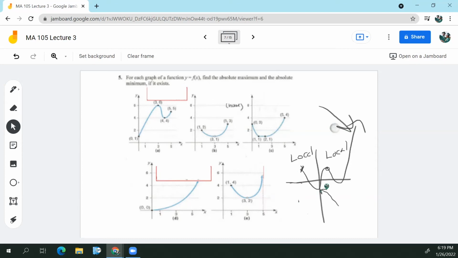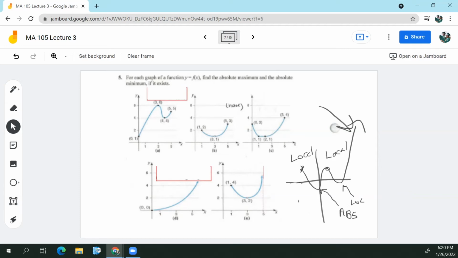Because are there any points that go lower than this point in this graph, the way it's drawn? No, so it's an absolute minimum. This right here would just be a local minimum. This would be your absolute minimum. Questions on that? Yes.